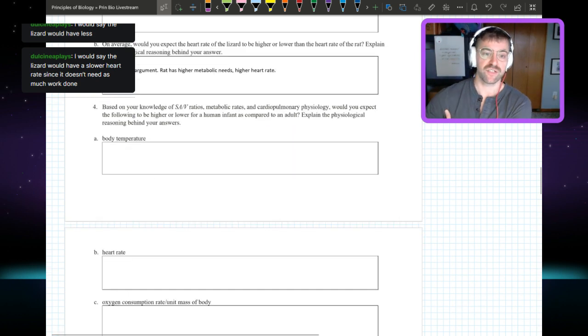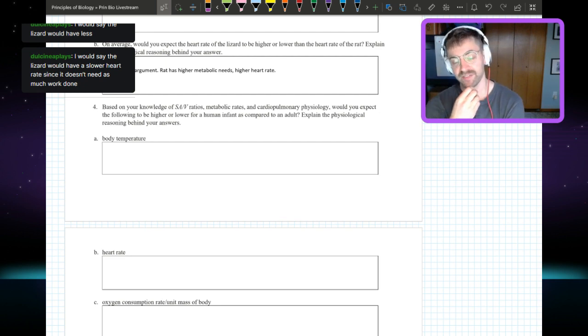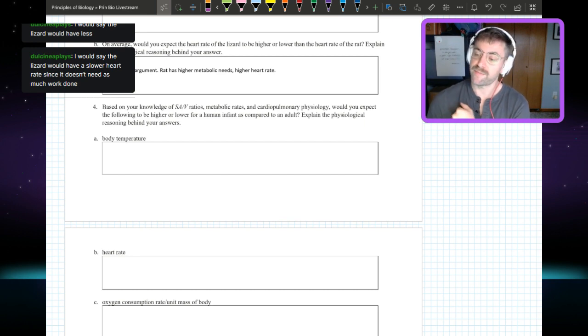Question 4. Based on your knowledge of surface area to volume ratios, metabolic rates, and cardiopulmonary physiology, would you expect the following to be higher or lower for a human infant as compared to an adult? Explain the physiological reasoning behind your answer. So is body temperature higher or lower in infants? Let me rephrase the question. Would body temperature be higher in an adult or in an infant relative to the other?